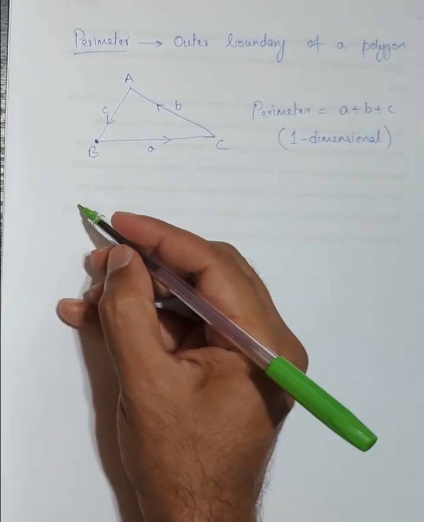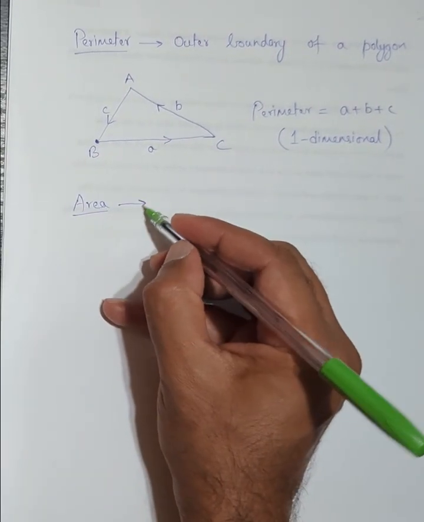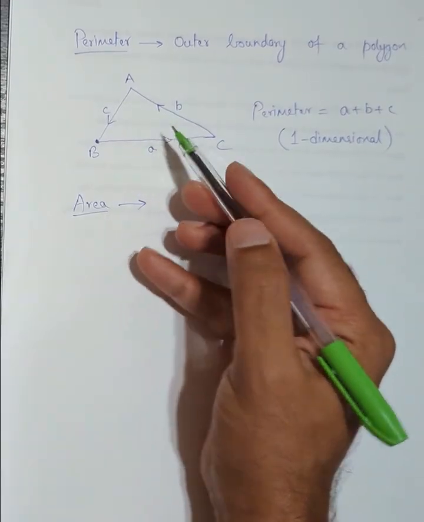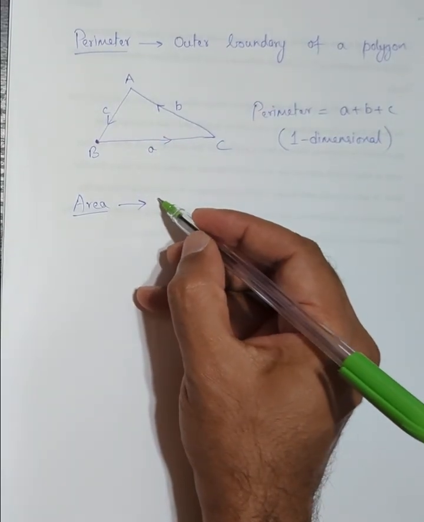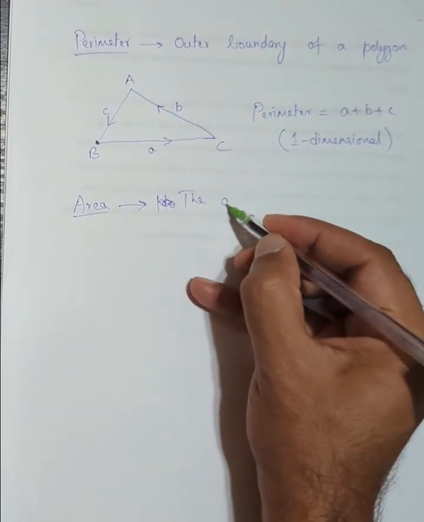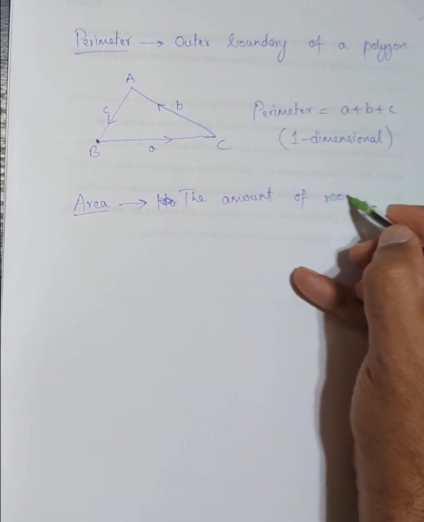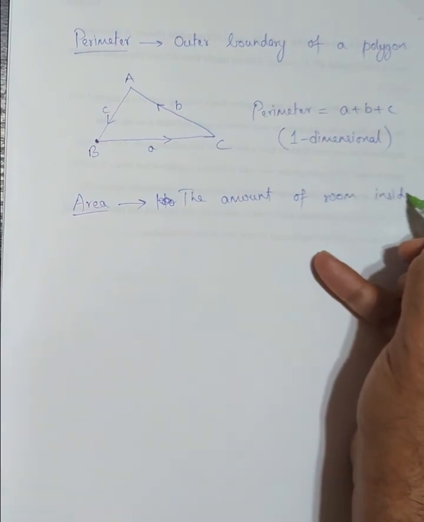Now, what is the area? Area informally is simply how much room you have inside the shape. So let's say the amount of room inside the shape.